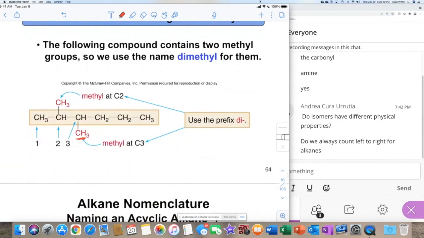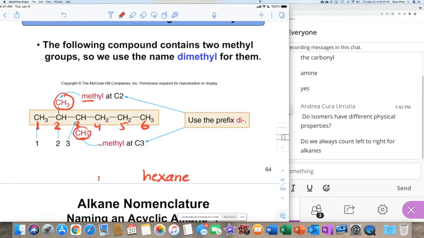Okay. So once again, the longest chain, start naming from the busy end. 1, 2, 3, 4, 5, 6. So for this structure here, we still have hexane as our longest group. Our next word will be written to the left. We have a methyl group here with 1 carbon, another methyl group here with a second carbon.